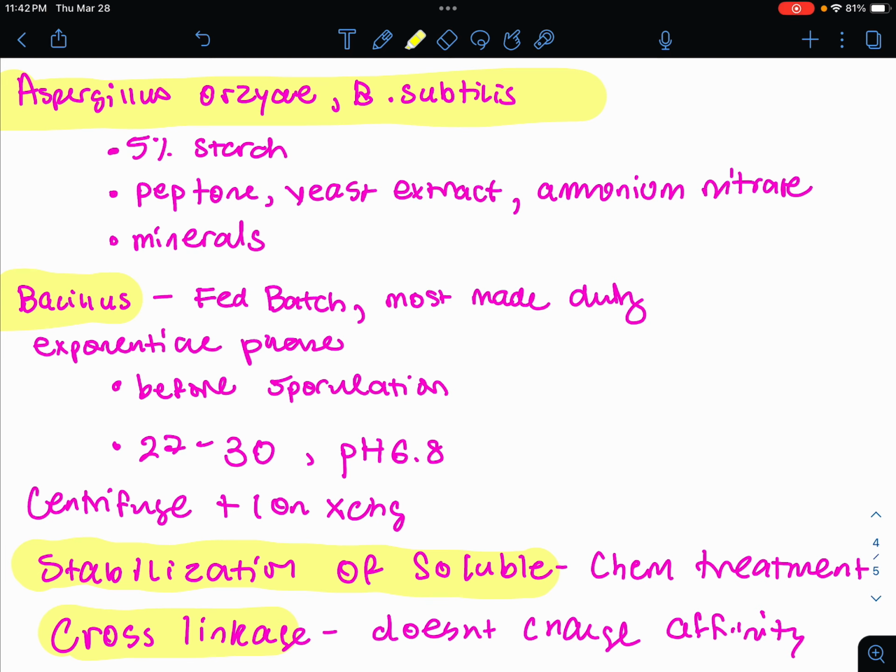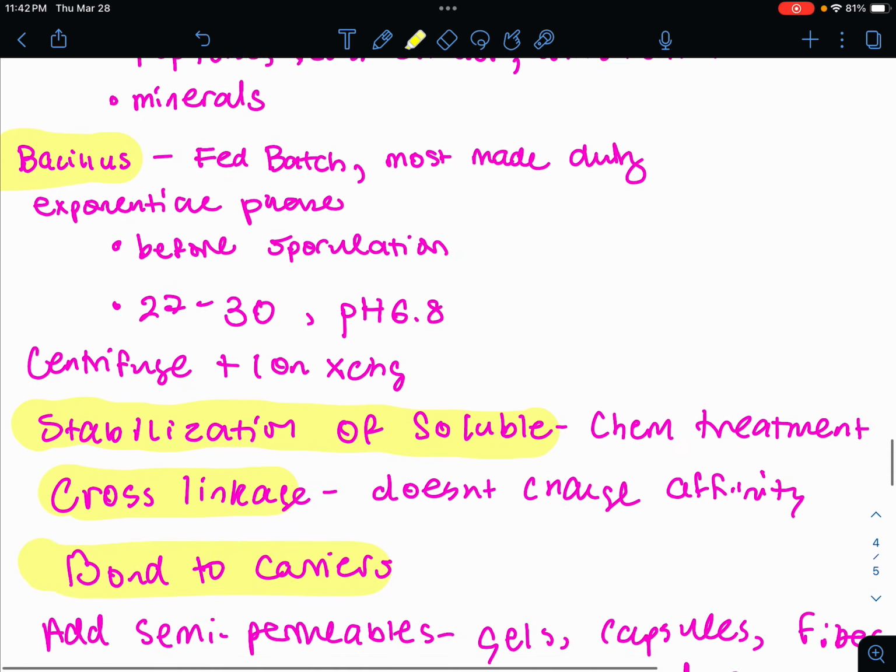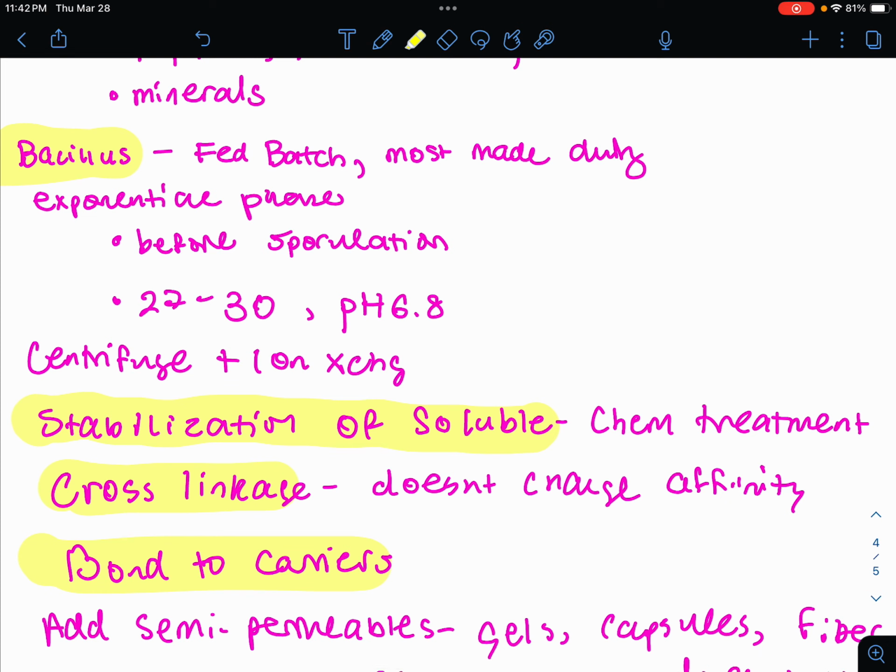Okay, now going further into Bacillus subtilis, talking about the process in the fermenter. This is going to be batch or fed batch. The enzyme itself is made most right before sporulation. Before sporulation, you're going to see an increase in amylase production.